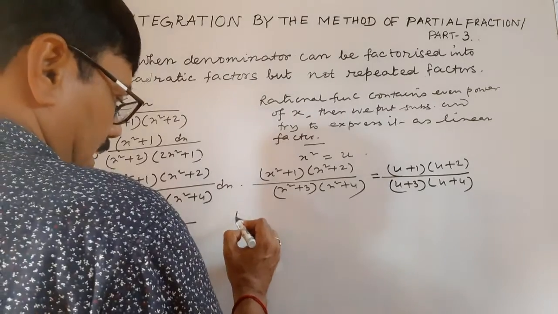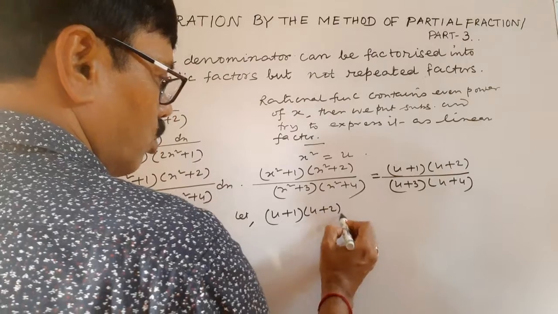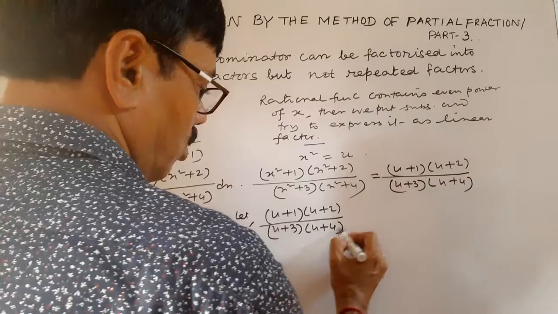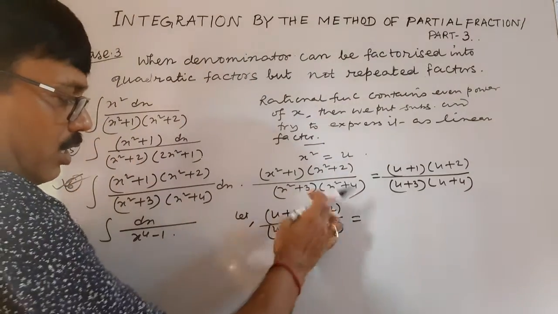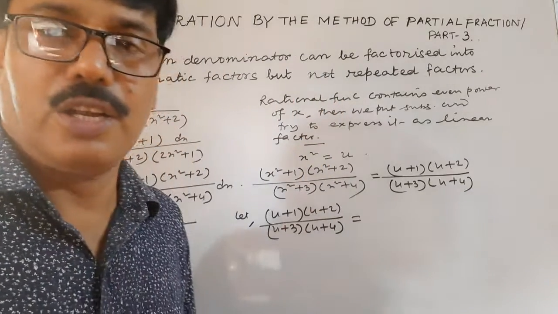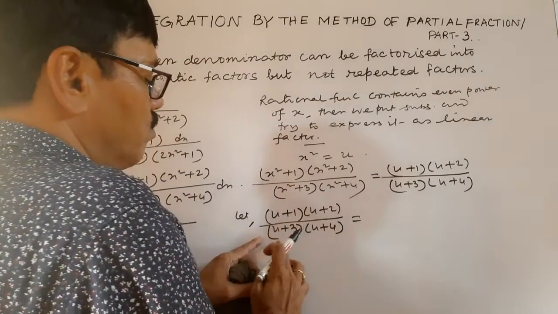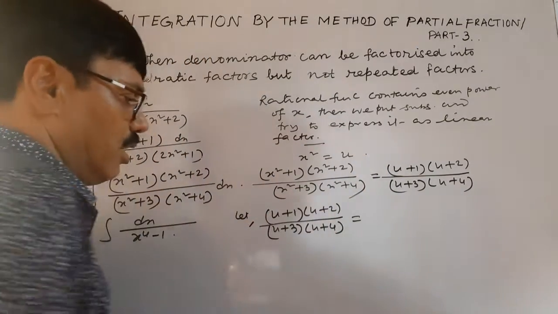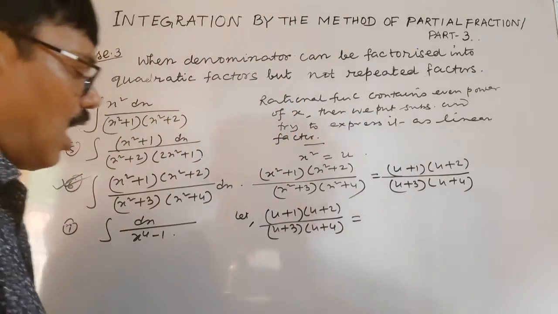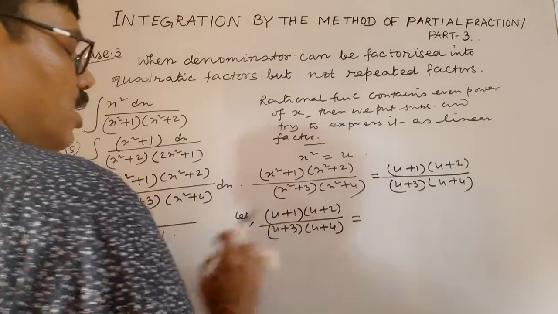So let, what is our rule? (u plus 1)(u plus 2) by (u plus 3)(u plus 4). Now look, numerator is of degree 2, denominator is of degree 2. So you cannot apply it directly. You have to divide it, but since they are of same degree, we can find the quotient by trial method. Here the coefficient of u square is 1, here the coefficient of u square is also 1.